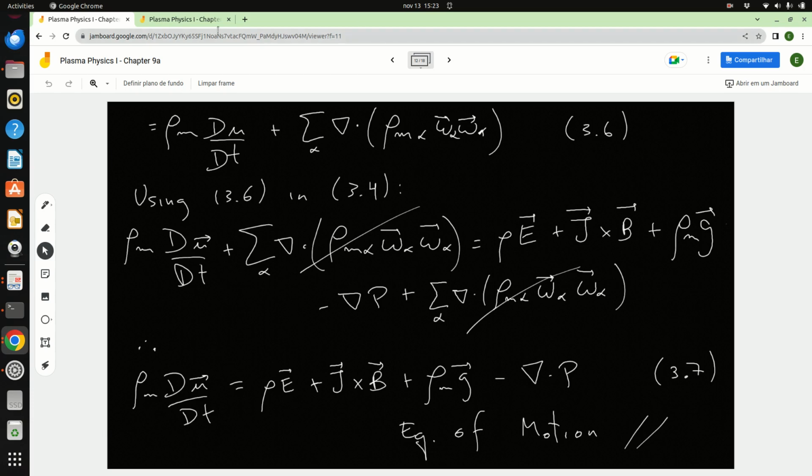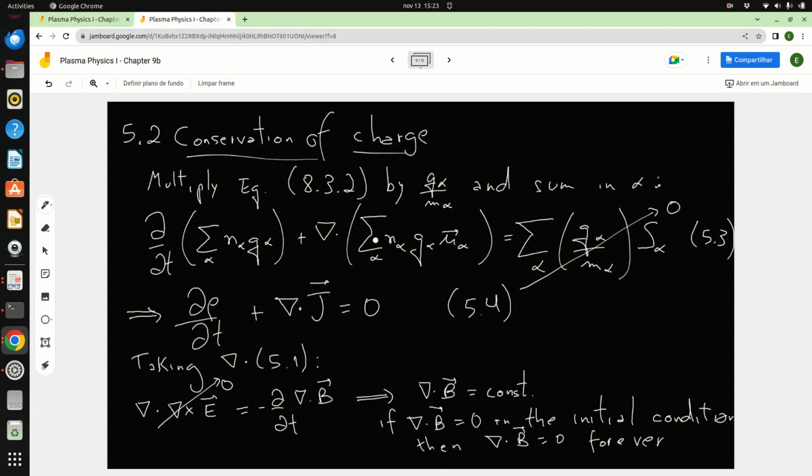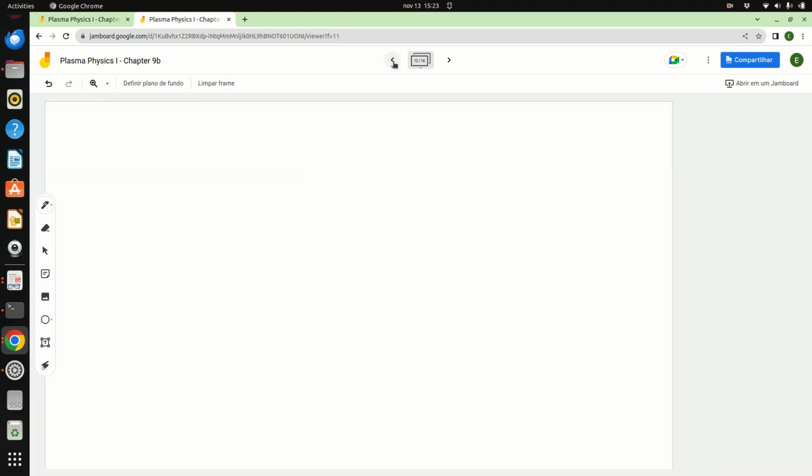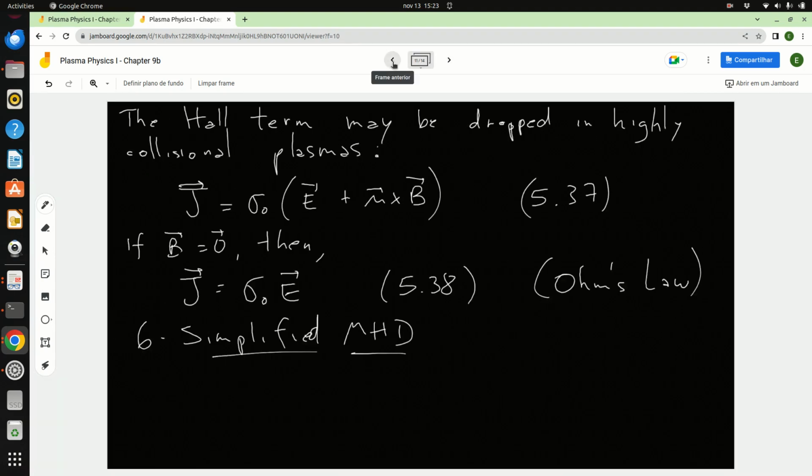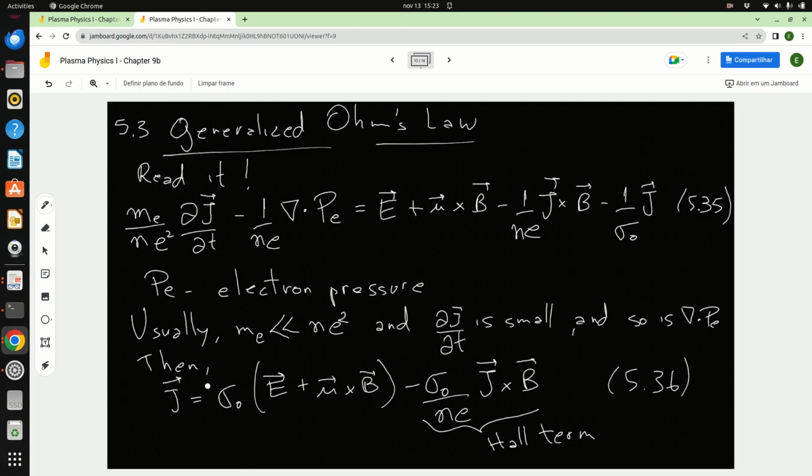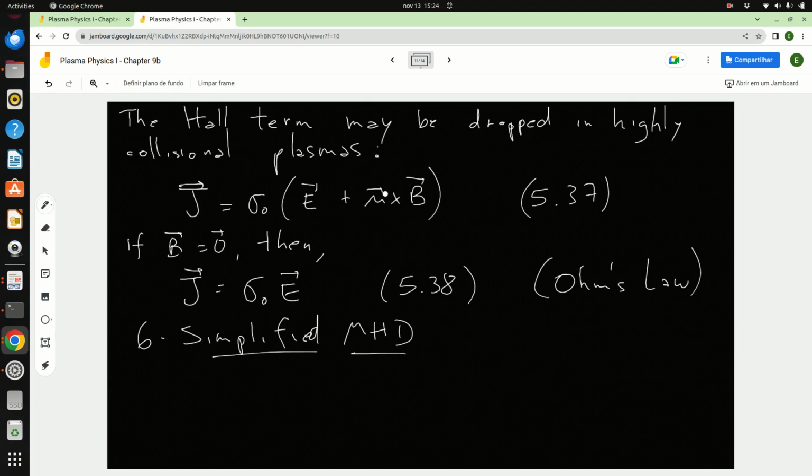Then there is another thing about equation 5.36, this one. Okay, even this may be used instead of this, or sometimes you drop the whole term and you may use 5.37.